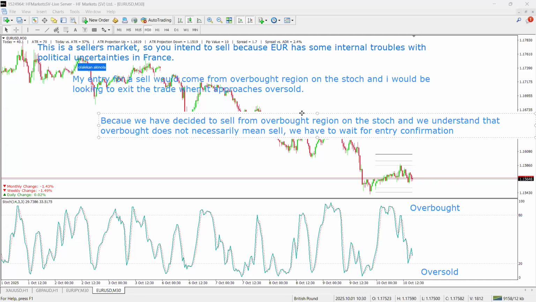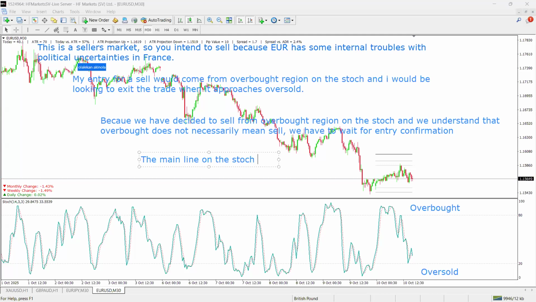But we also understand that overbought or oversold does not necessarily mean go and take a sell, we have to wait for entry confirmation. And what is the entry confirmation for a sell? It says the main line on the stock must cross below the signal line. This is where we are going to.